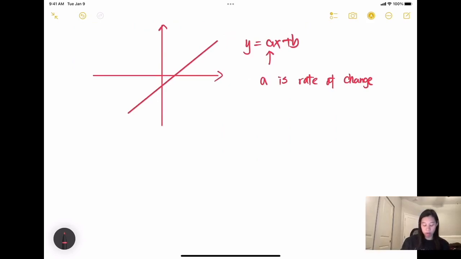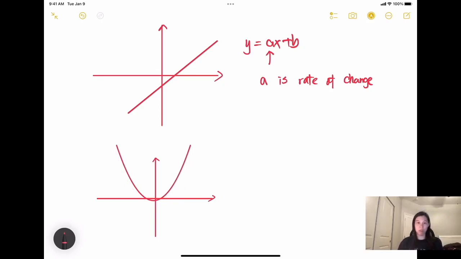But when it comes to a different function, such as a parabola, oh, this is a nice one, which is y equals a times (x plus b) squared plus c, something like that.